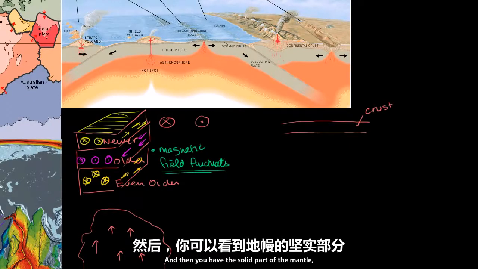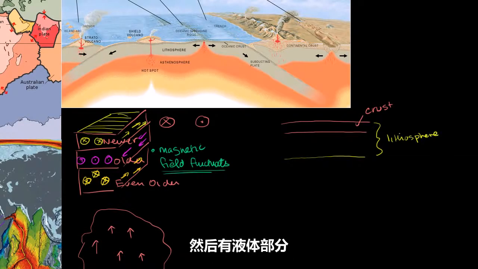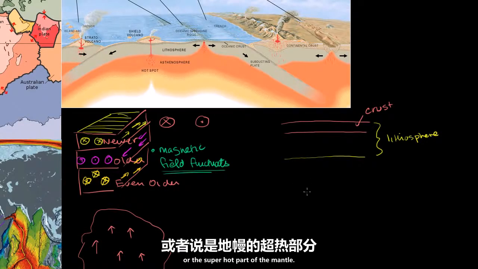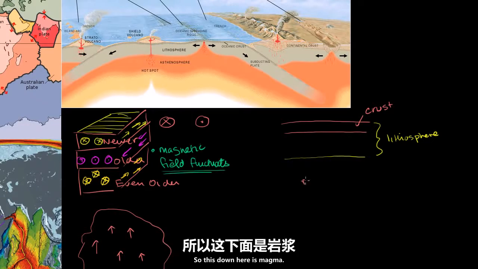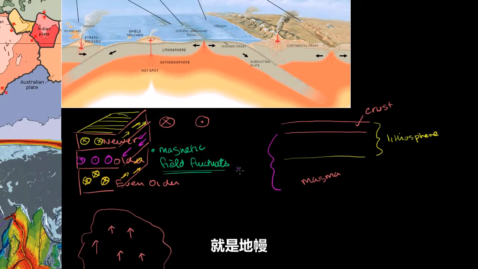And then you have the solid part of the mantle, and the combination of them is the lithosphere. And then you have the liquid part, or the super hot part of the mantle. So this down here is magma. It hasn't solidified. It's hot enough to be in the liquid state. And all of this combined, this right here, we consider the mantle.